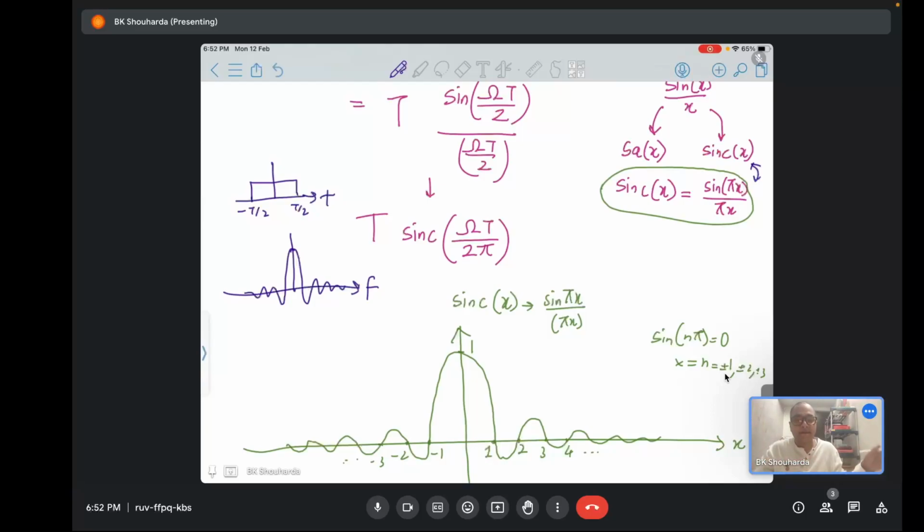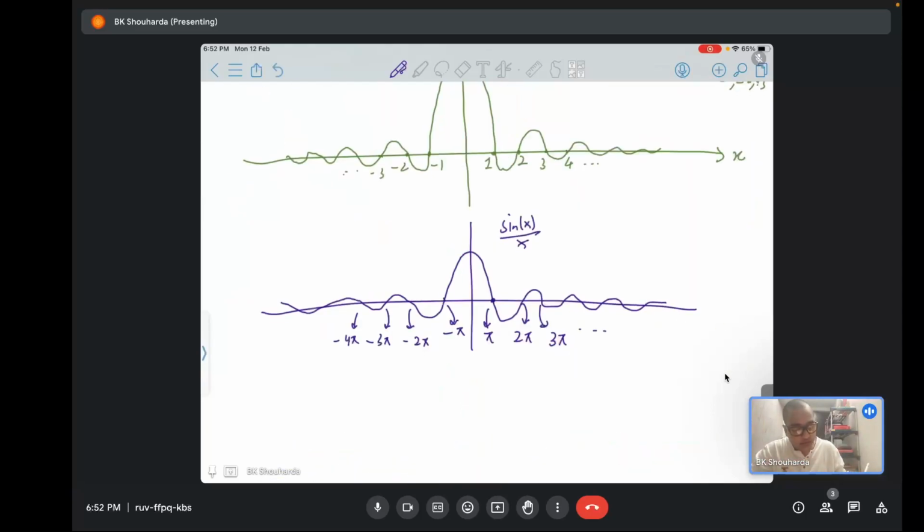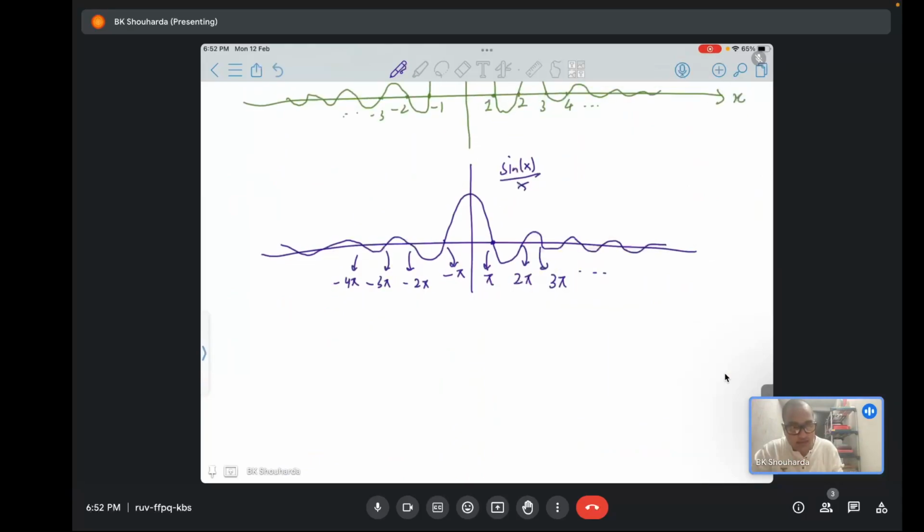Now there is something called the duality principle, which suggests that if we have a signal x of t with a spectrum capital X of omega, now if I take capital X of t, that means I use this function in the time domain, then it has a spectrum 2 pi x of minus omega.